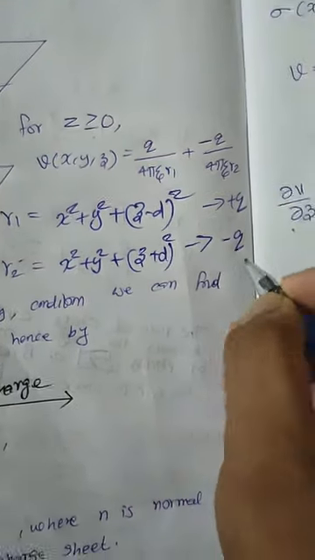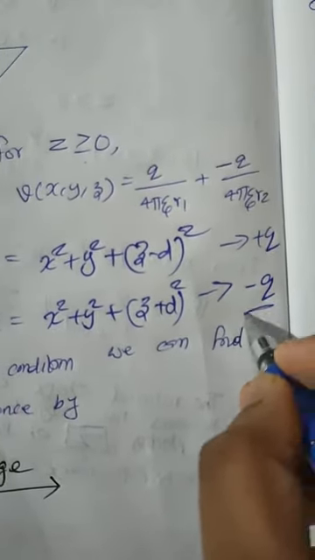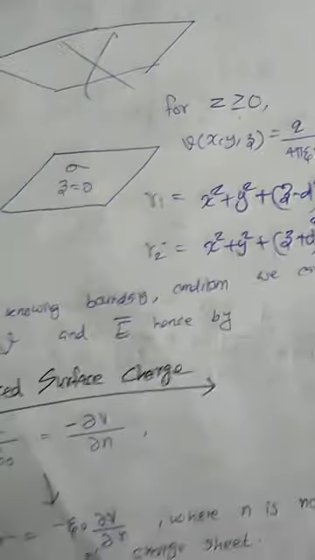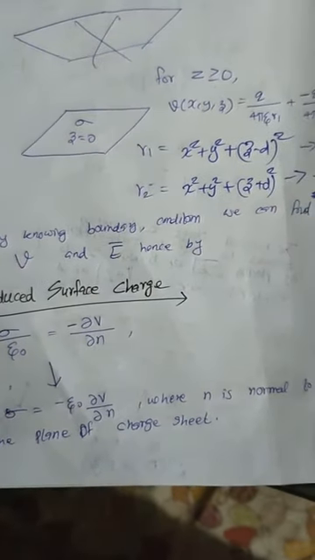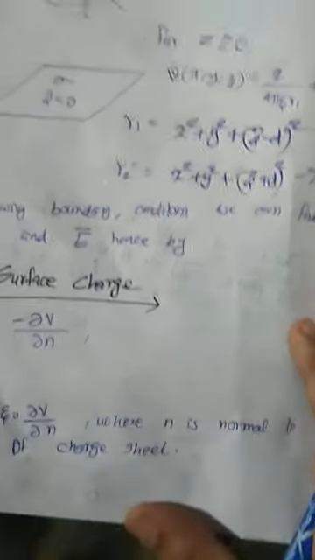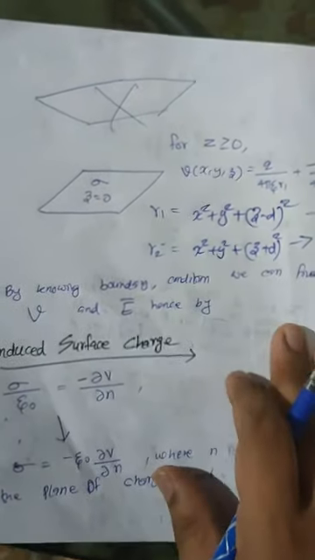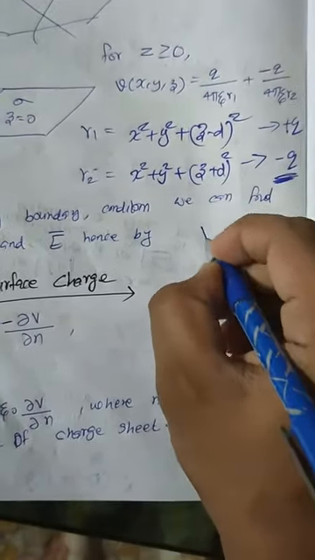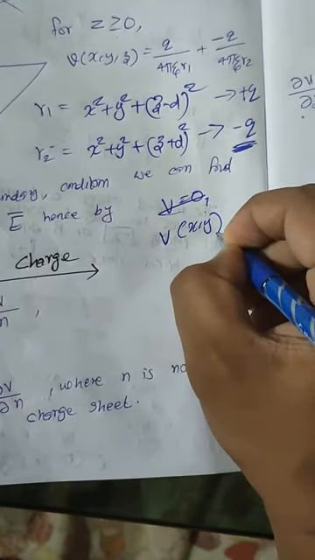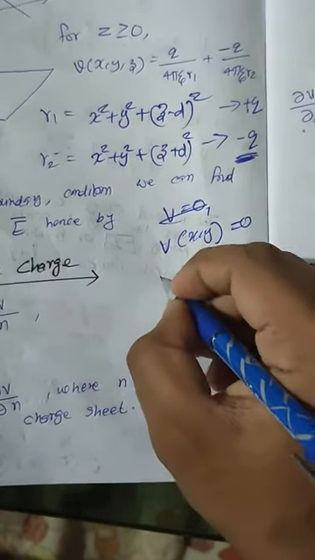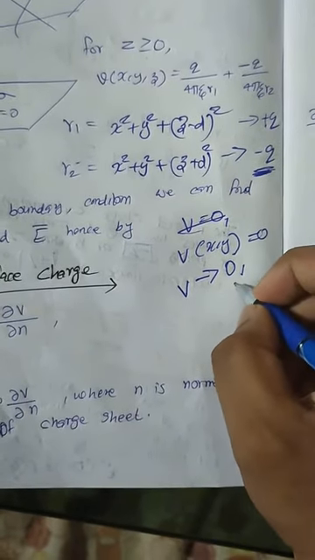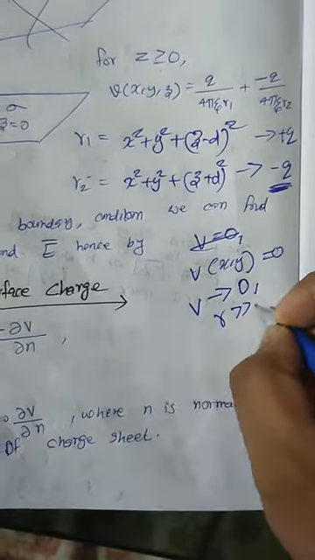Or the minus q that we considered, and this minus q is what is called the electrical image of this. So by knowing the boundary conditions, we can find V and E. The boundary conditions are such that V is 0 over the xy plane, and V goes to 0 for a distance very much greater than d.